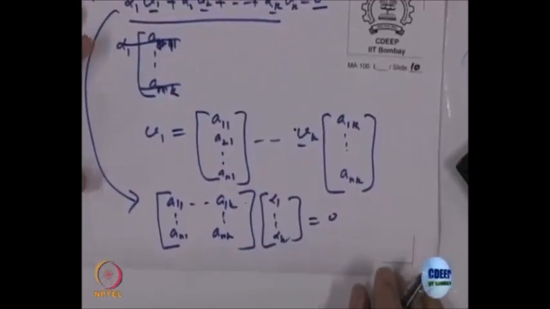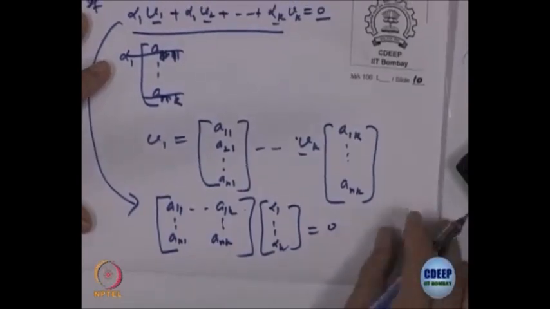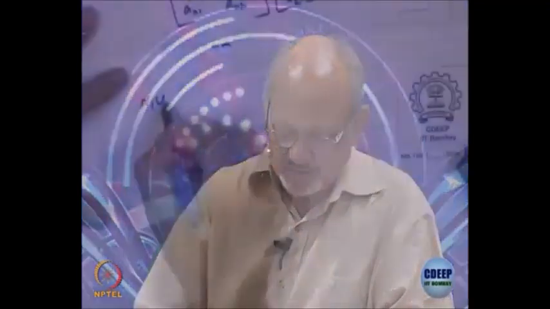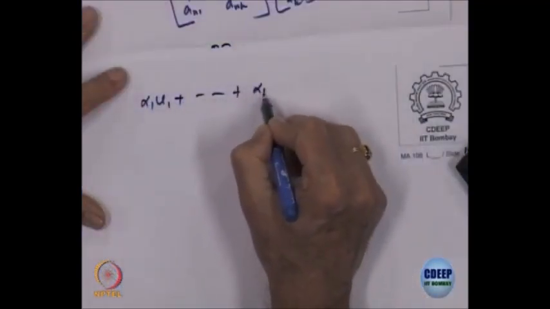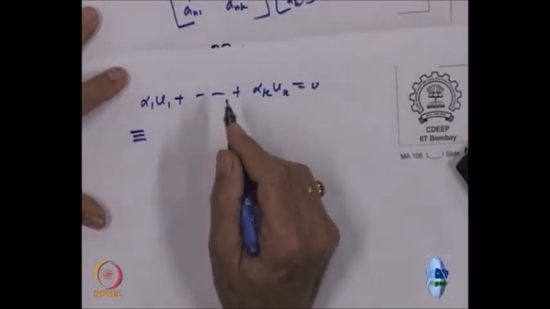Now how many equations are here? N equations in k variables. So alpha 1 V 1 plus alpha k V k equal to 0 is equivalent to giving a system of equations.